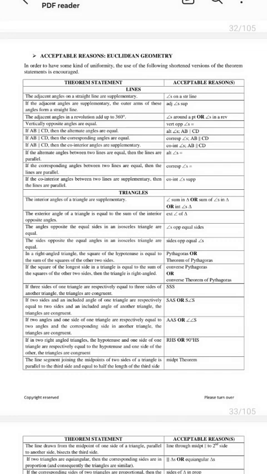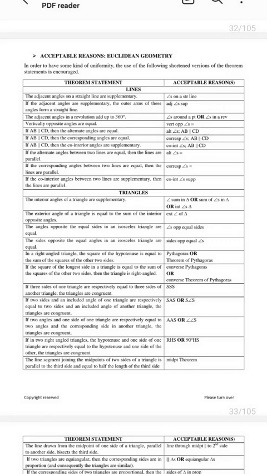Okay, and if you look at the reason that they use in brackets, it's ext, which means exterior, and then the symbol of angle, and then of triangle.